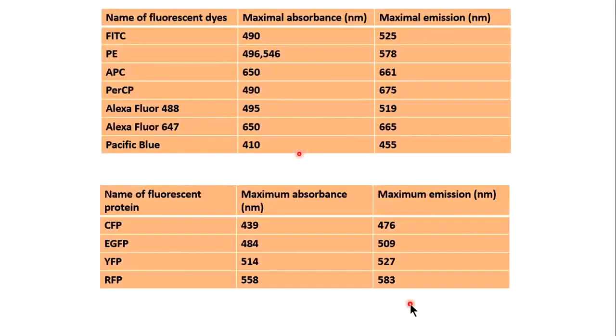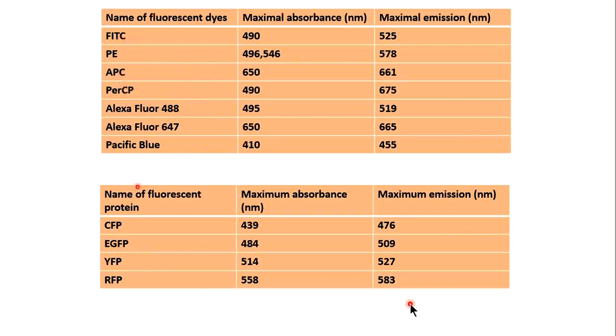Anyways, let us go ahead. There are some fluorescent dyes which we can use to tag antibodies, proteins, DNA and other biomolecules, and the names are FITC. These are the absorbance and emission values. Then PE, phycoerythrin, APC, allophycocyanin, PerCP, which is a modification of PE, and other combinations.